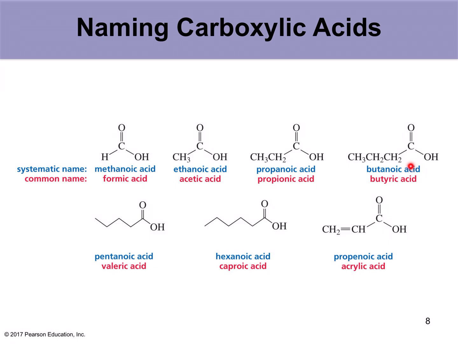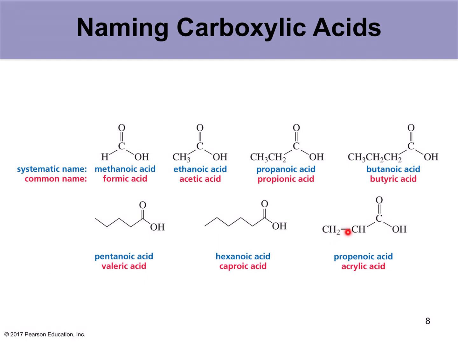Remember, when we are naming, we also include the carbon carrying the carboxylic functional group, butanoic acid. When there are 5 carbons, pentanoic; 6 carbons, hexanoic. And this one has 1, 2, 3 carbons, which is propane.